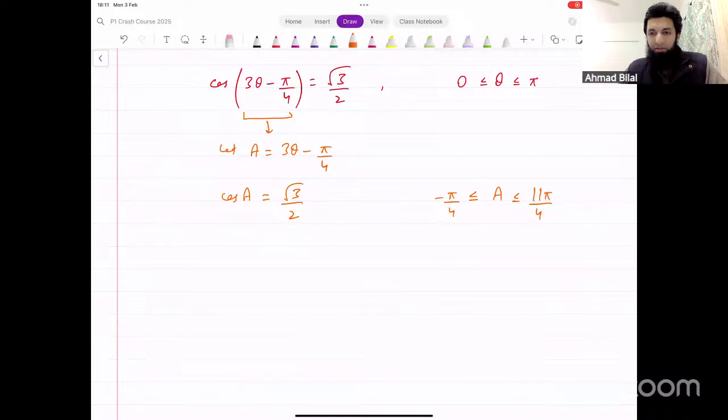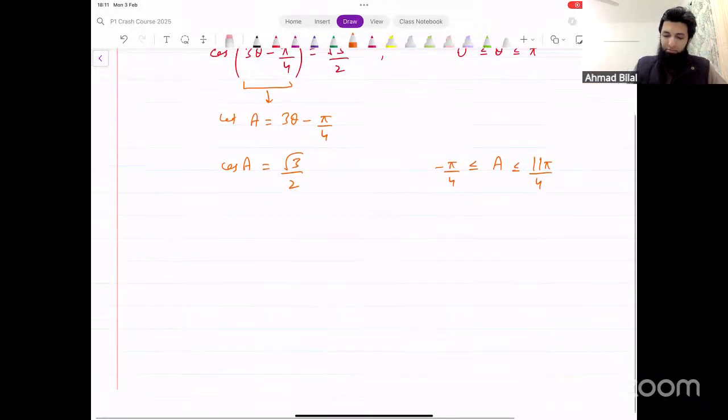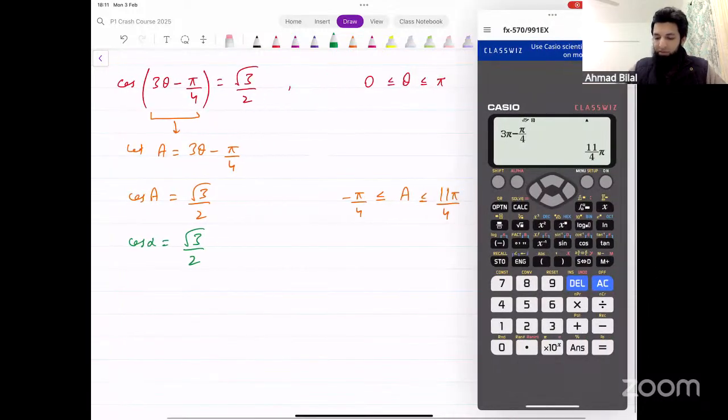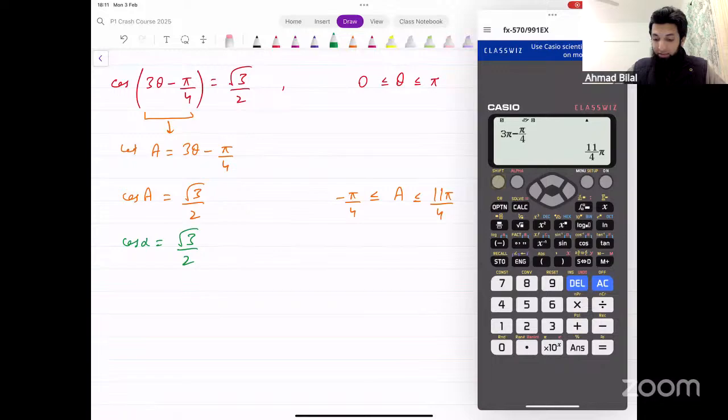How do we do this now? We find the basic angle. That's how we start. Cos of alpha equals square root of 3 over 2. Remember the basic angle that we find from the calculator has to be in radians, so convert your calculator to radian mode first of all.